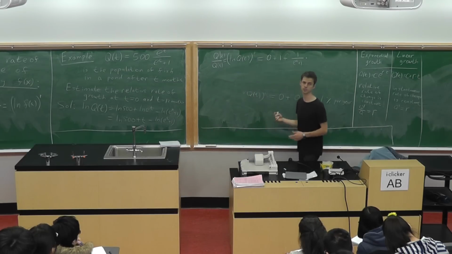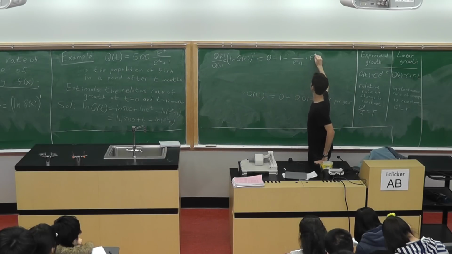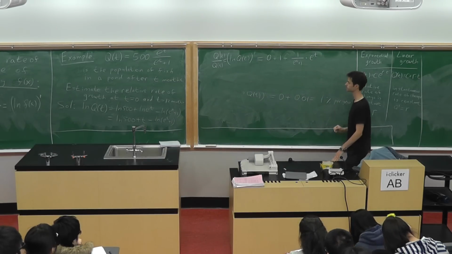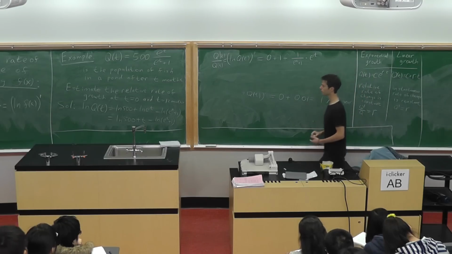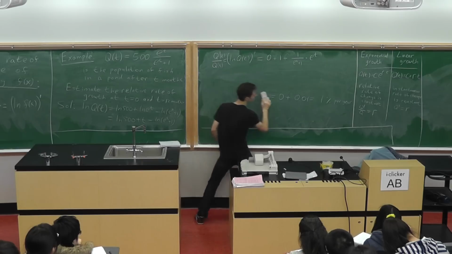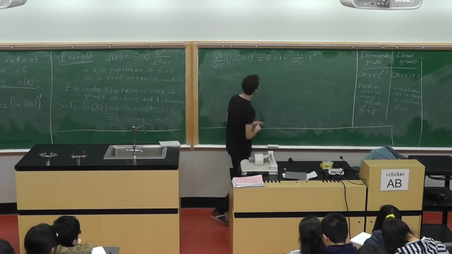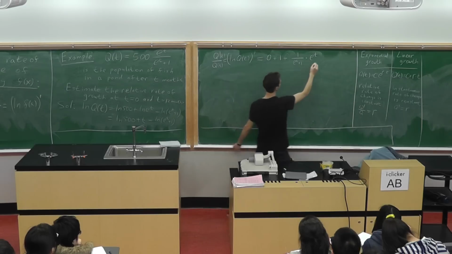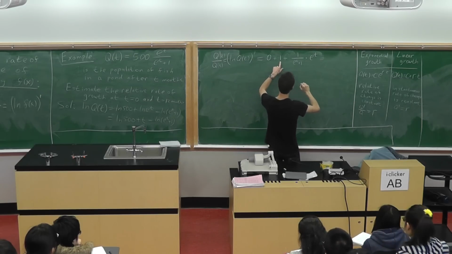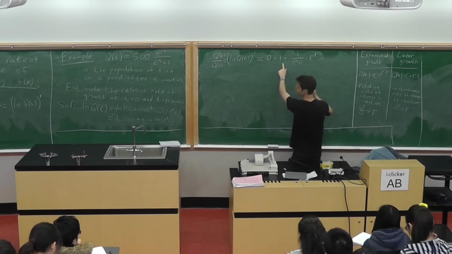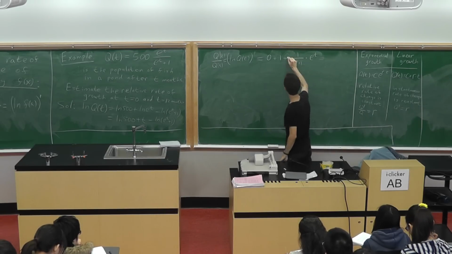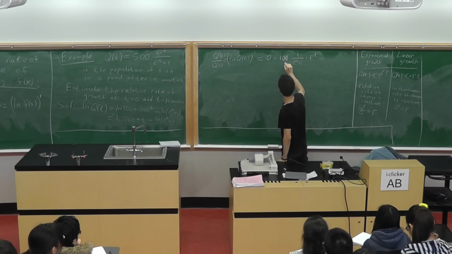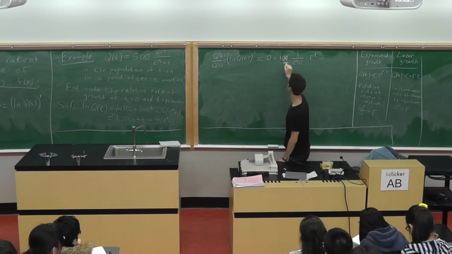The derivative of e to the t plus 1 is e to the t. Perfect. It came with a minus sign. I forgot the minus sign, so please note that this should be minus.